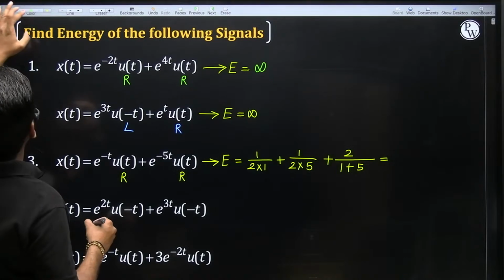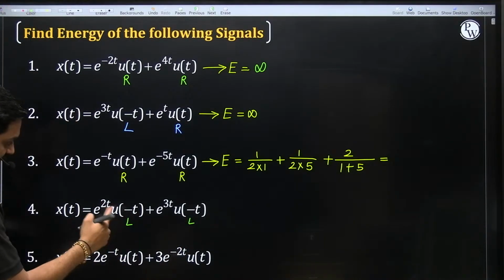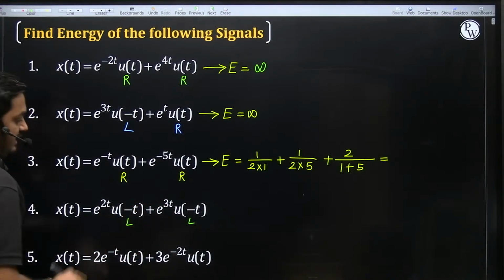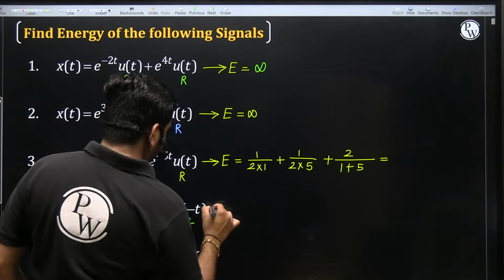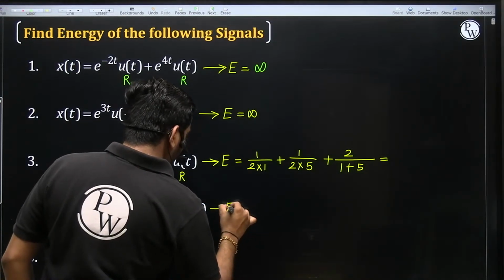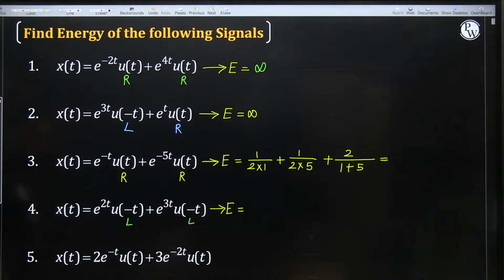Now the fourth one. This is left sided, this is also left sided. Opposite sign, left sided decreasing, opposite sign, left sided decreasing. So energy will be finite in this case. What will be the energy of this signal? Left side decreasing.